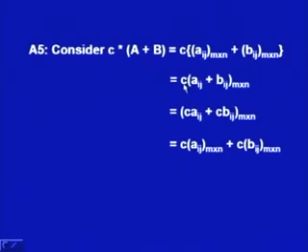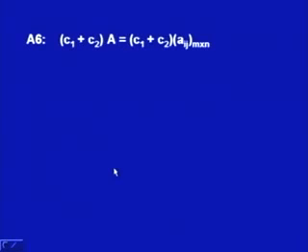This is scalar multiplied by c. This simply means c times Aij plus c times Bij of the m by n matrix, and then one can split the two. It is c Aij m by n plus c Bij m by n, and that simply means cA plus cB. So what we have is c times (A plus B) is equal to cA plus cB. So this property is also valid for m by n matrices.